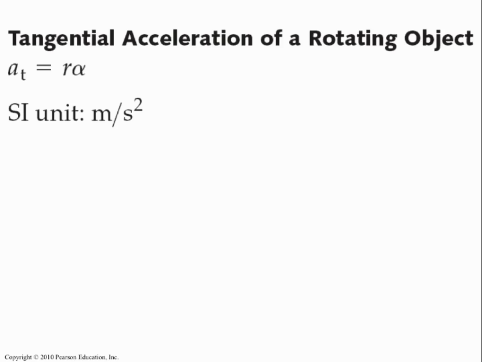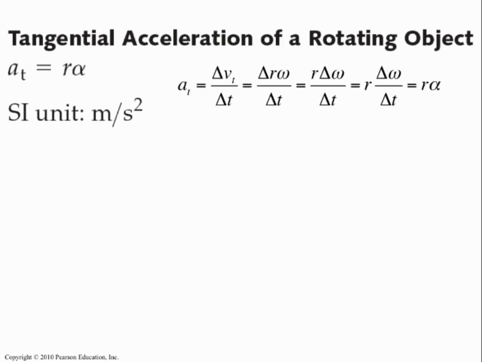And just as v sub t equals r omega, in the same way a sub t equals r alpha. And the SI unit for tangential acceleration is simply meters per second squared, as it is for any type of linear acceleration.